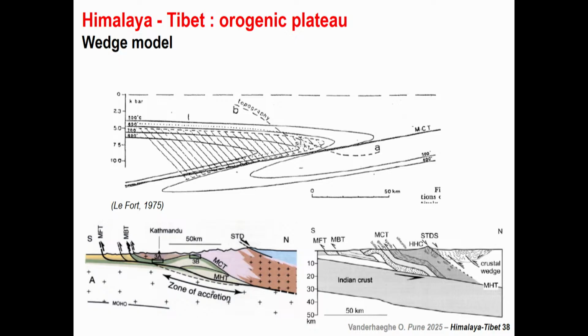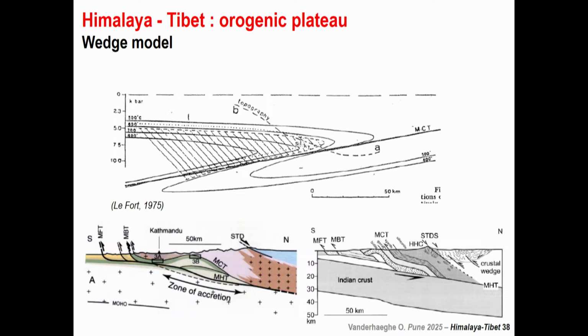In this model, at that time, the South Tibetan detachment had been recognized, so the idea was that material would come in the orogenic belt decoupled from the basement, then would be buried and then exhumed essentially by erosion, with material points moving down and up according to erosion, and with some motion of this along the South Tibetan detachment that would at some point at depth meet the main central thrust and the main frontal thrust. So that's the wedge theory.